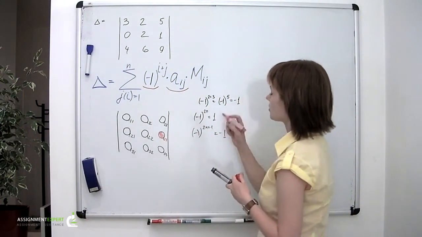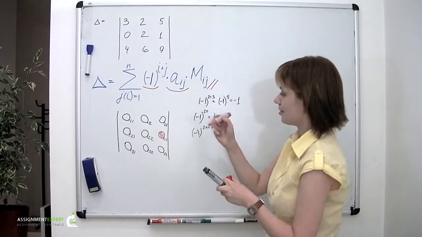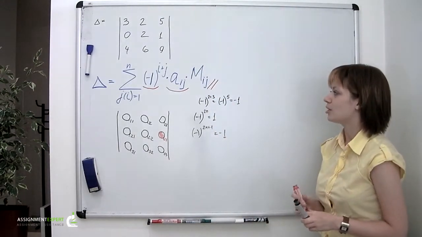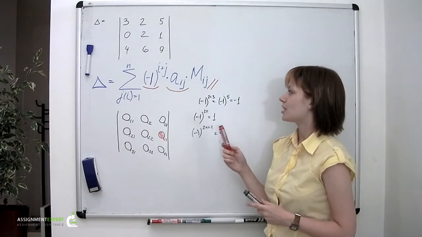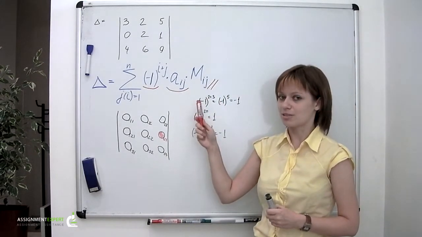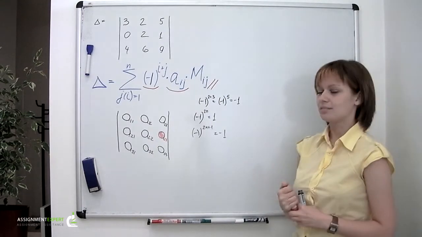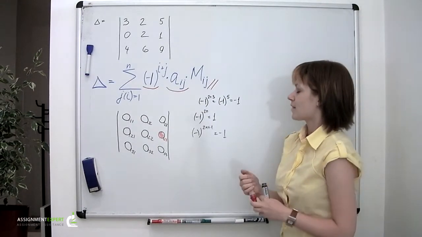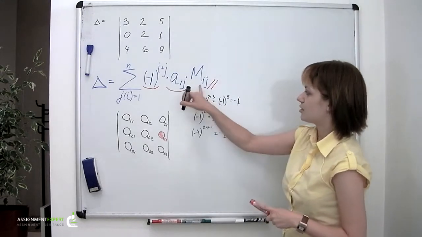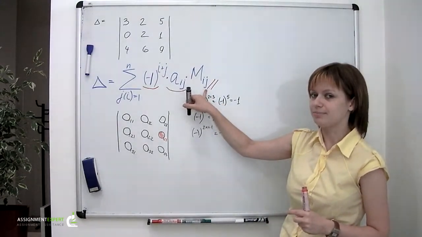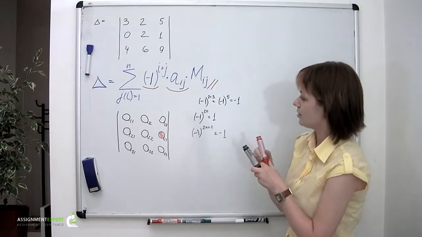And now there is this mysterious M_ij. M_ij is the way in which mathematicians mark the minors of the matrix. Now, the minor is a determinant defined by removing the ith row and the jth column from the initial matrix. Let's see.